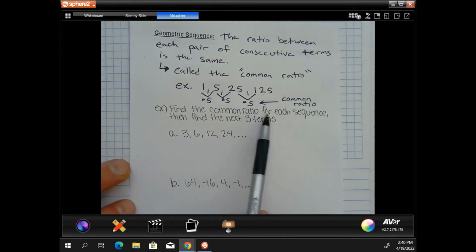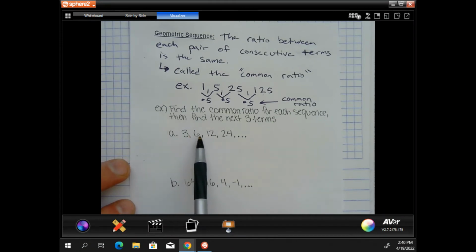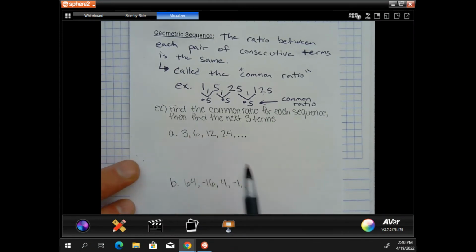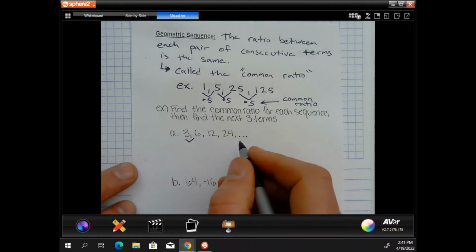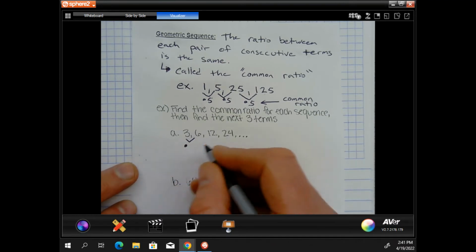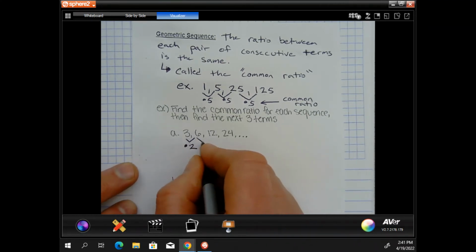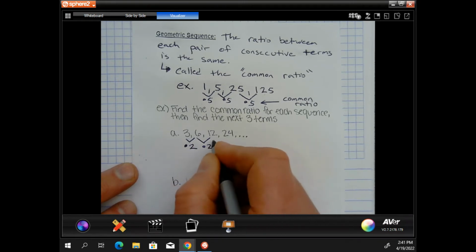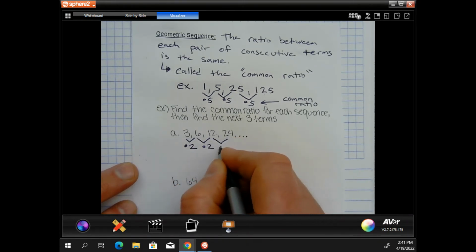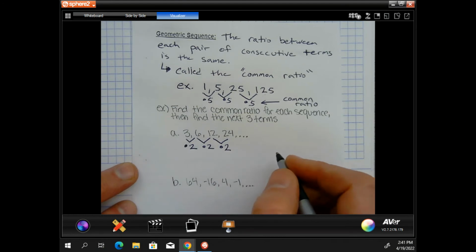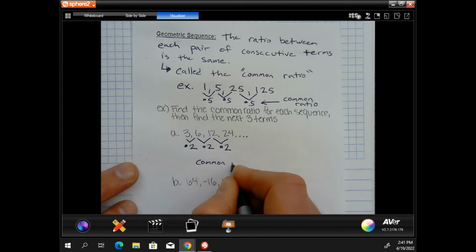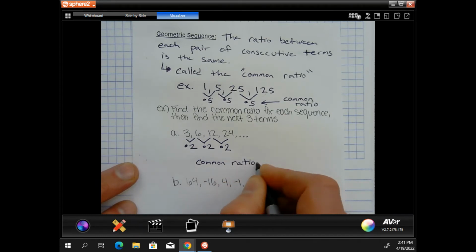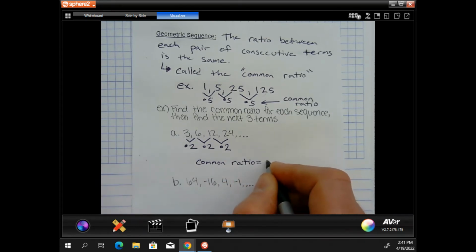So it says find the common ratio for each sequence, then find the next three terms. So I have the numbers 3, 6, 12, 24. So I can see that my sequence is increasing. It's multiplying by 2. And 6 times 2 is 12. 12 times 2 is 24. So my common ratio is multiplying by 2.